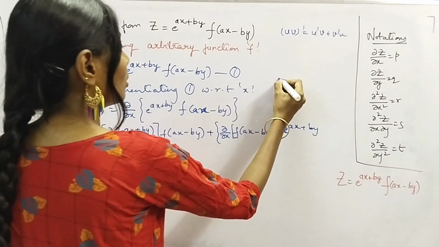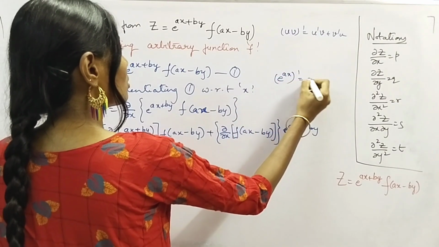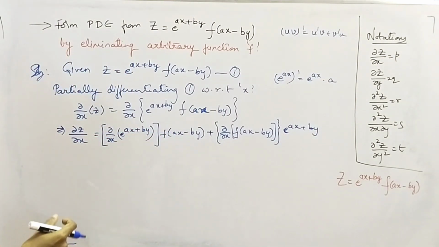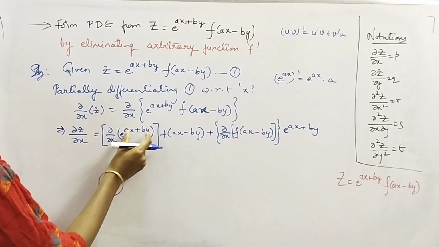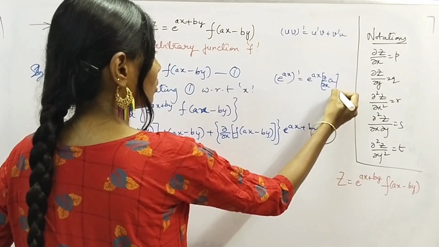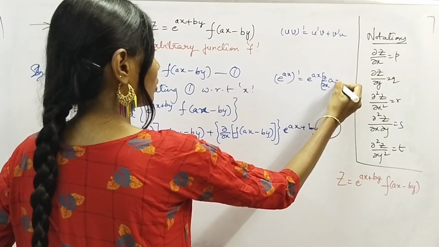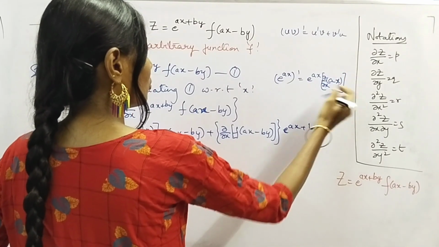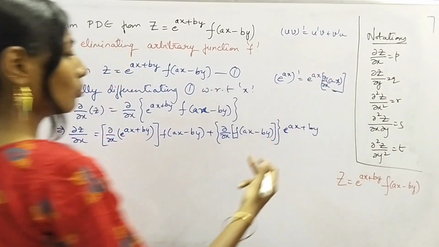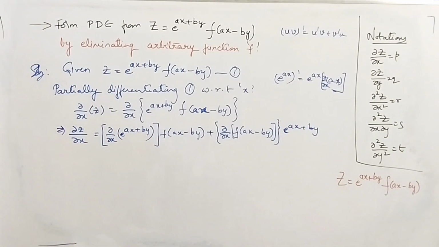We know that partial derivative is e power ax into a, right? So here in the place of ax plus by we have this, just we can write like this, okay? Much easier, right? Partial derivative of e power ax is e power ax into dou by dou x of ax, that is inner derivative. So here also we are going to apply the same formula. Instead of ax we have ax plus by, let it be, that's not a problem.